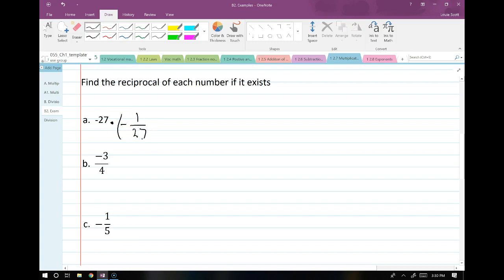Remember, to find the reciprocal of any number, you just put 1 over that number and apply the negatives if you need to, right? So these two multiplied together would give me a positive 1. They want to know the reciprocal of negative 3/4. Well, that is negative 4/3.